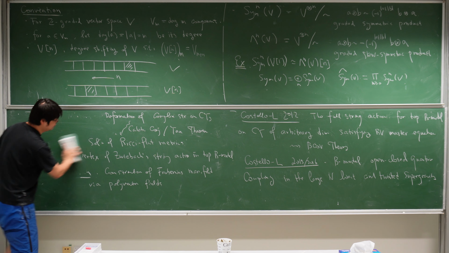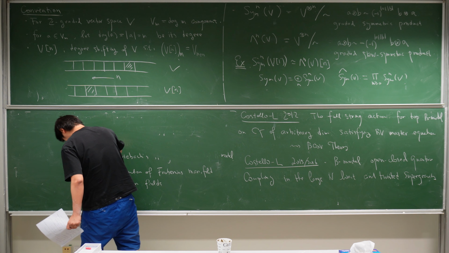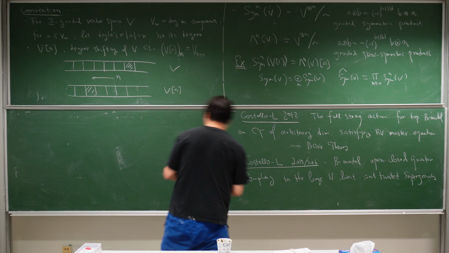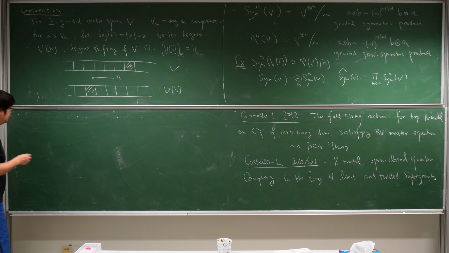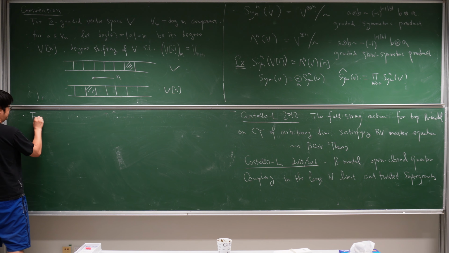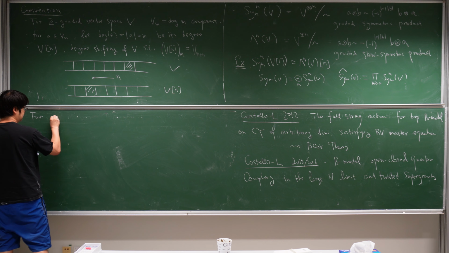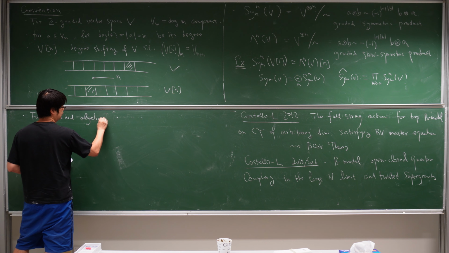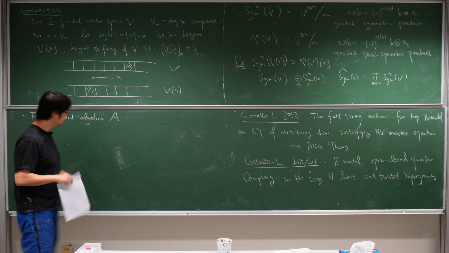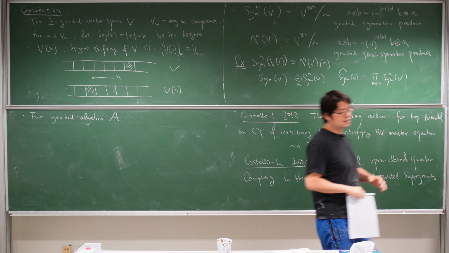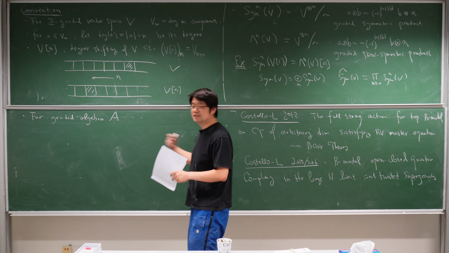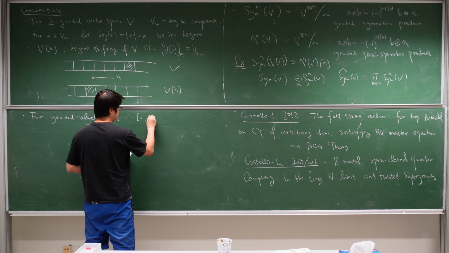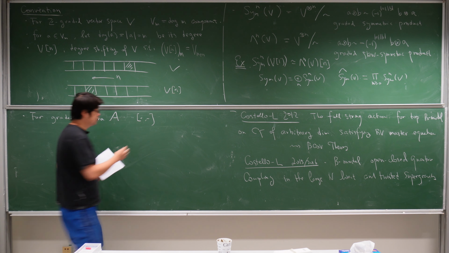So finally, I need the following notion. For a graded algebra A, whenever I write something like a commutator in some kind of graded operations, this always means the graded commutator.